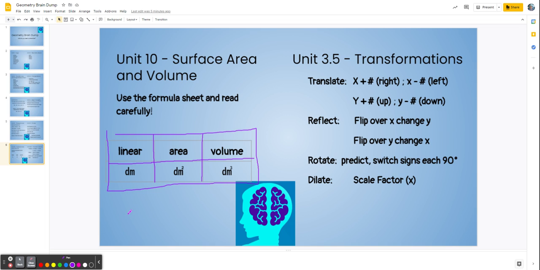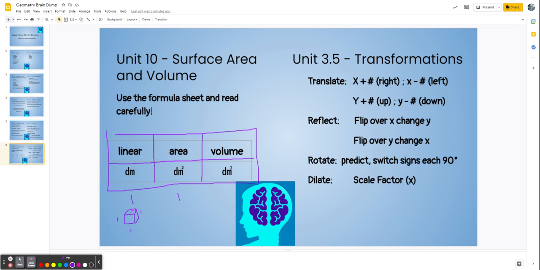And then we're going to do one little example. If I have a little cube, like one little piece of a Rubik's Cube, it's 1 by 1 by 1, right? So my linear dimension is 1. My area is 1 times 1, which is also 1, right?